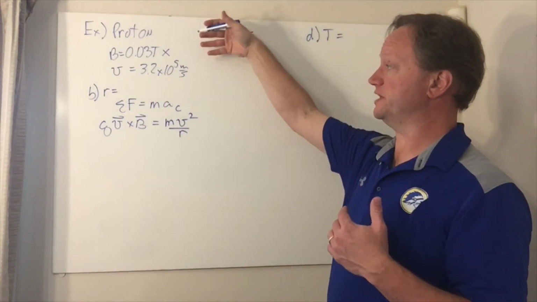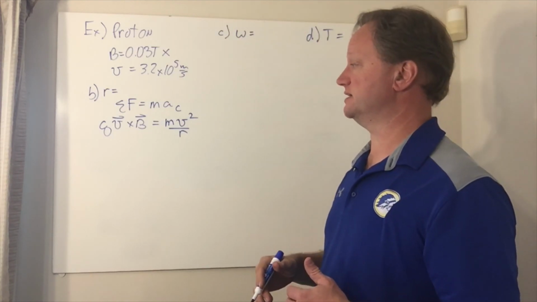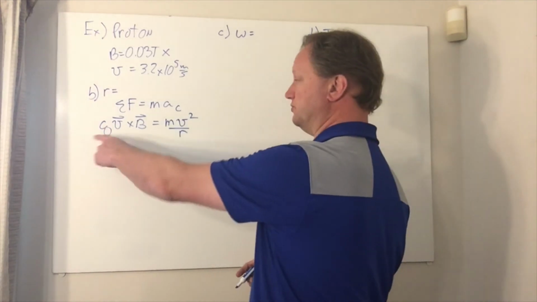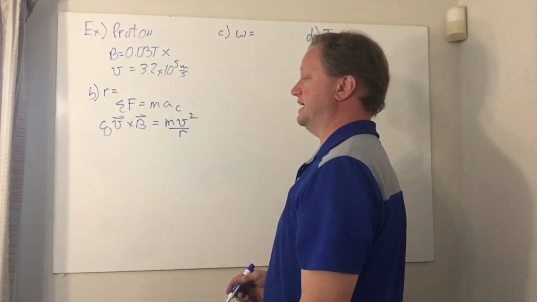We already know, based on what was given, that we're at a right angle, so it's going to be the sine of 90. So then QVB sine 90, one of my V's will divide out.